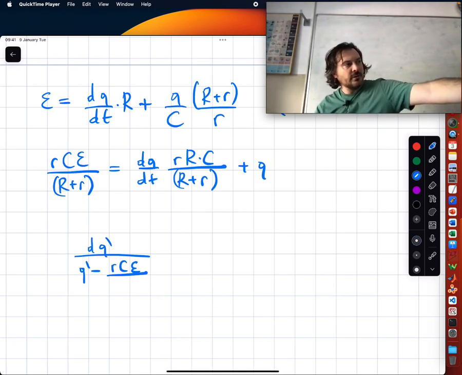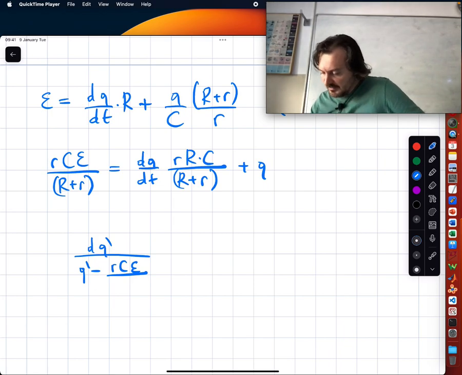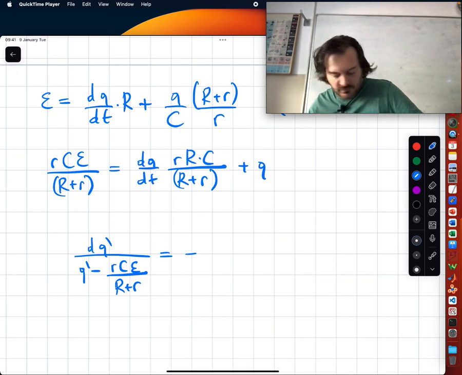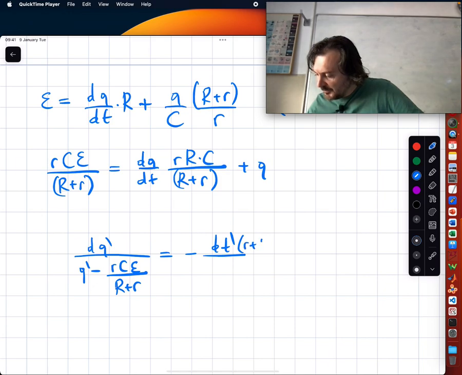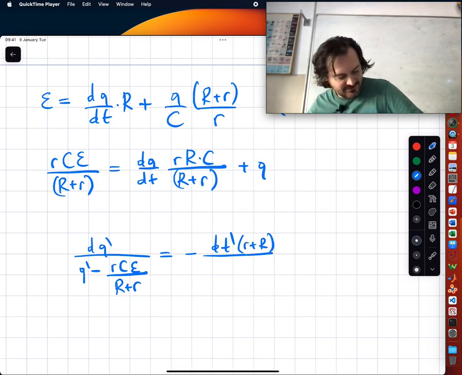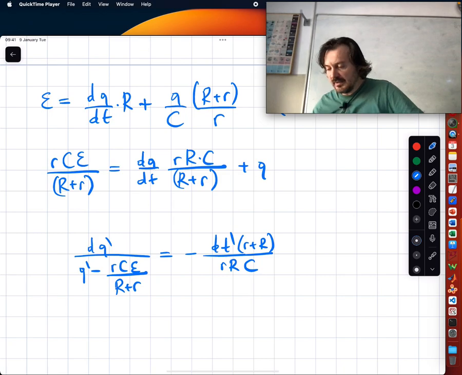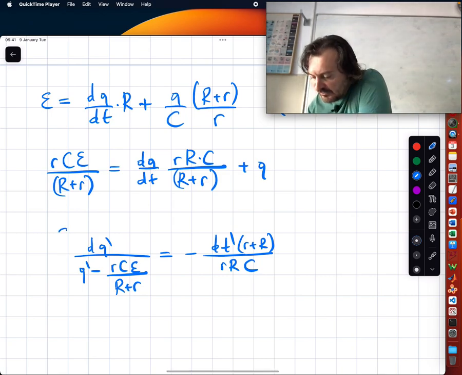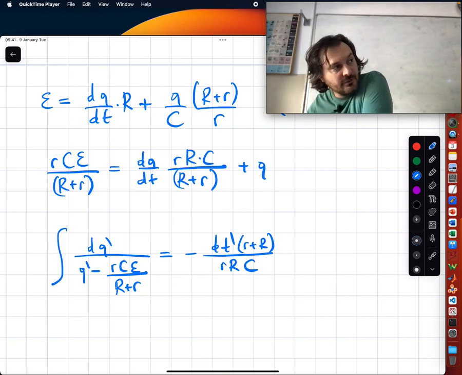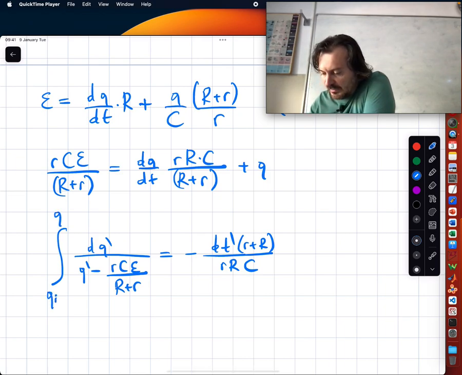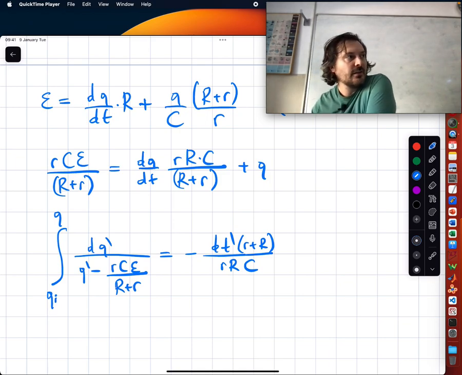What was your name? Onat. Onat, now comes your question, and we will answer that question now. Do you remember your question? What if the capacitor has charge initially? Exactly. If it has charge initially, then you don't integrate from 0. You integrate from q initial to any q. That's the only difference.